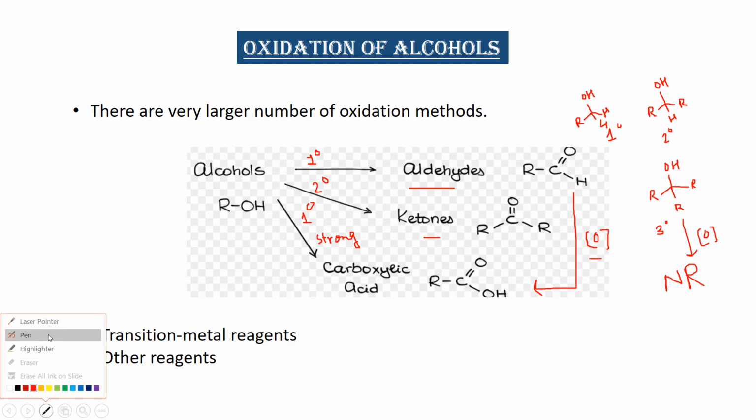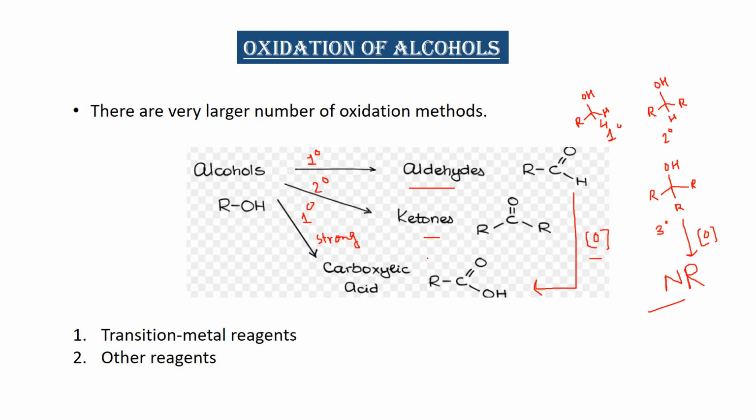If the alcohol is secondary, it will be oxidized to ketone, and if it is tertiary, there will be no oxidation. And if you apply a strong oxidizing agent to an alcohol, it will directly oxidize to acid. That is, it goes via two-step oxidation: it oxidizes to aldehyde, and the aldehyde oxidizes again to acid if you are using a strong oxidizing agent.